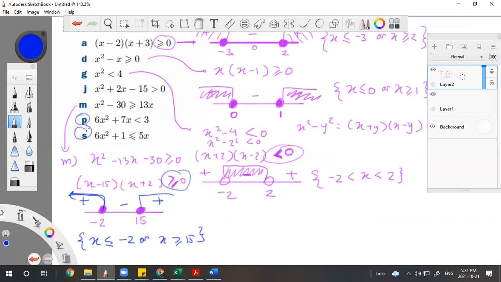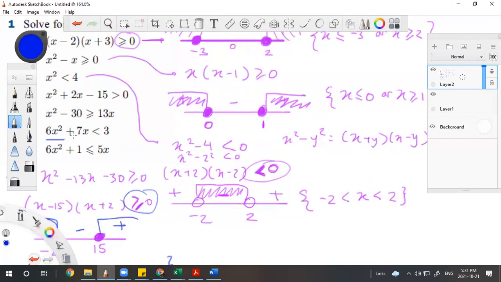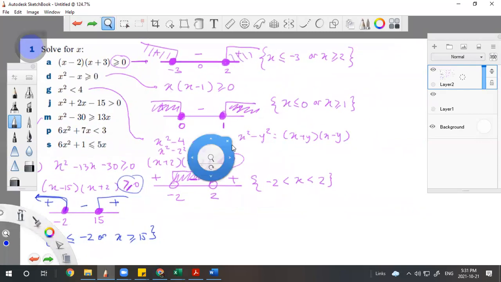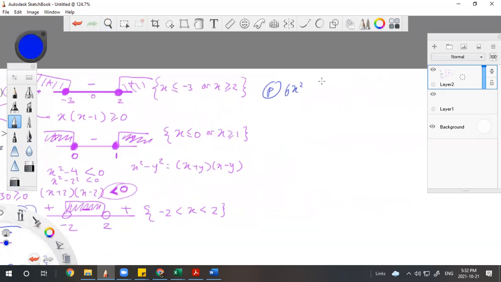P and S as well, right? Okay. How to do P and S? Because this has -6, right? So you do a different kind of factorization. 6x squared plus 7x less than 3. P, yeah. 6x squared plus 7x less than 3.